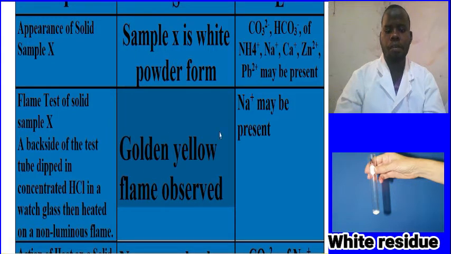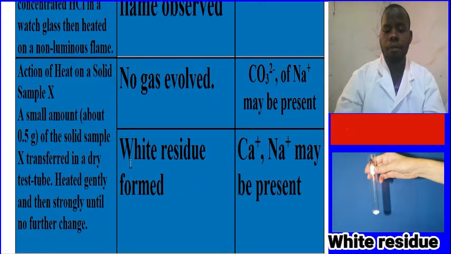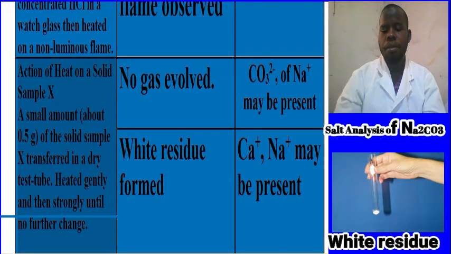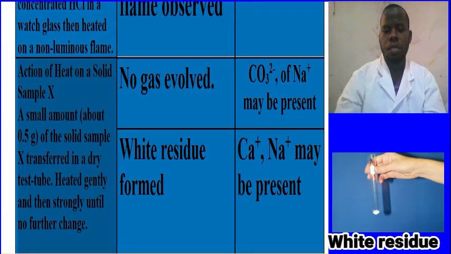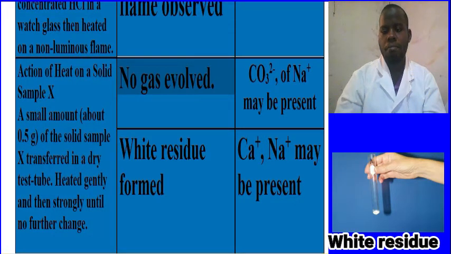Observation on the action of heat: no gas evolved, and the inference is that carbonate ion of sodium may be present. Another observation on the action of heat: we observe a white residue. So the inference shows calcium ion, sodium ion may be present.